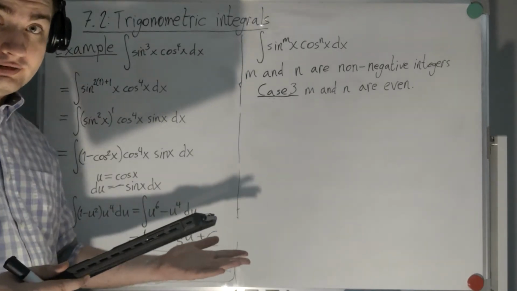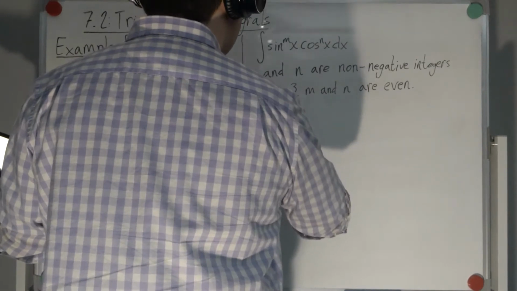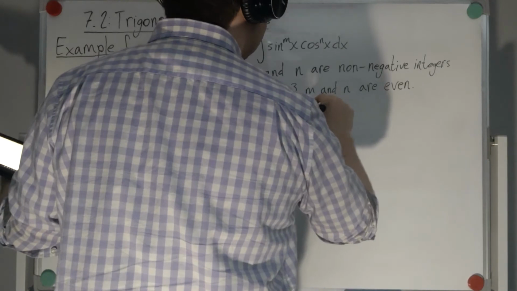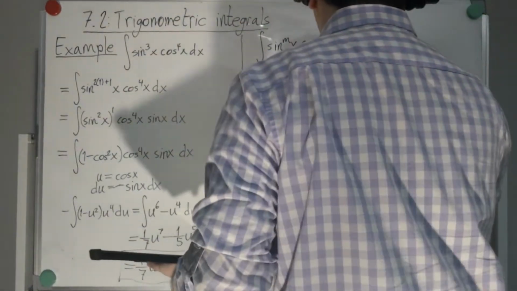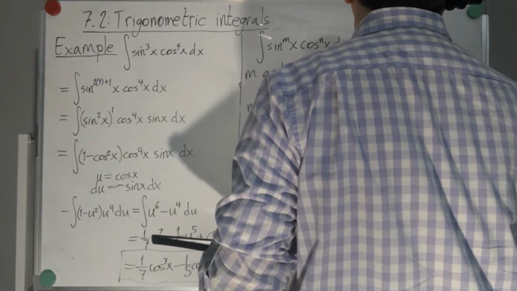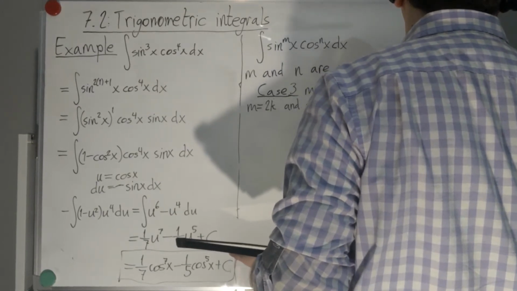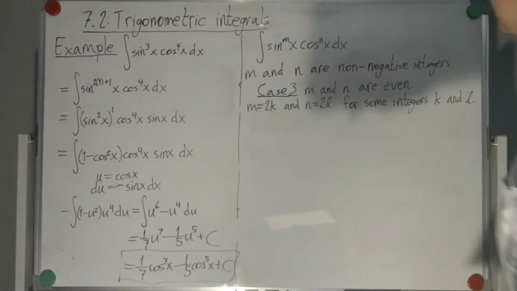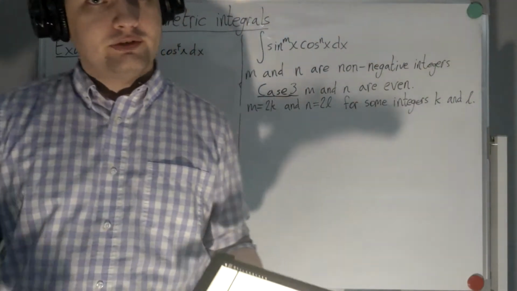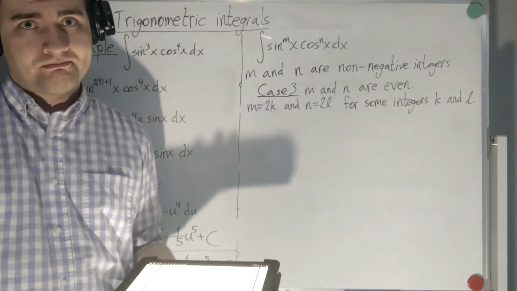All right, in this case, we can say m is equal to 2k and n is equal to 2l for some integers k and l. Right? That's what it means to be an even integer. It just means that it's divisible by 2, or in other words, 2 times some other integer, right?